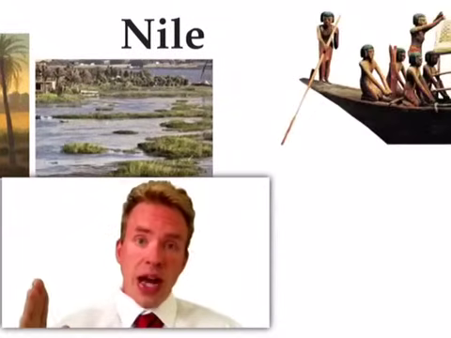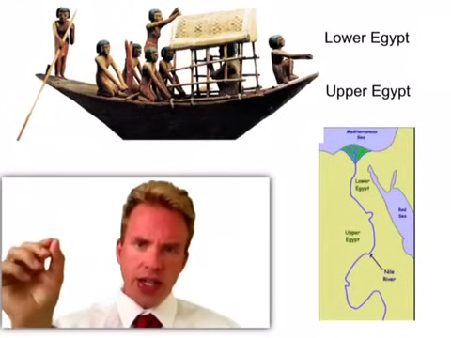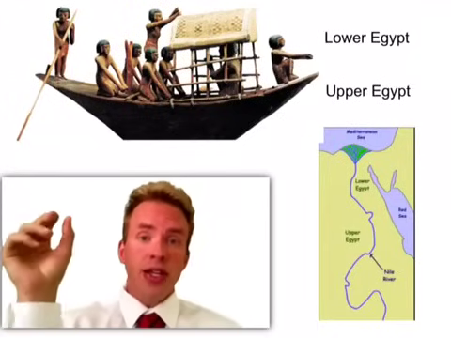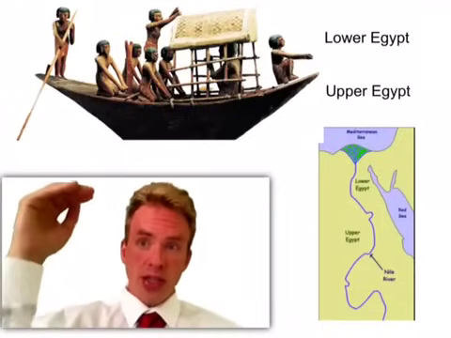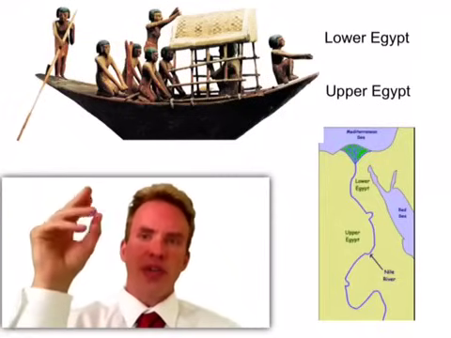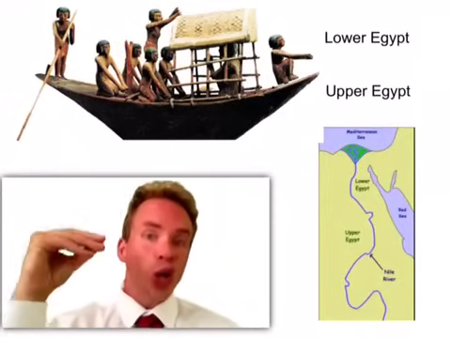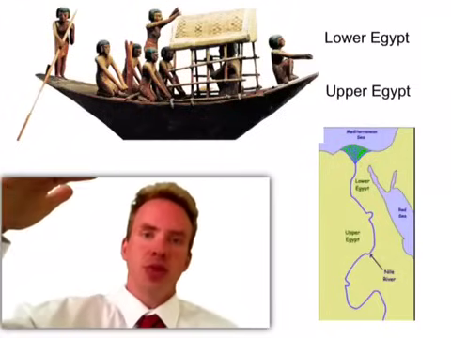The waters of the Nile flow north, and just before it empties out into the Mediterranean Sea, the Nile splits in two. And above that, between the split and the Mediterranean Sea, that's the Nile Delta. That's a very, very fertile region, and that region is called Lower Egypt because that's where the water empties out into the Mediterranean.